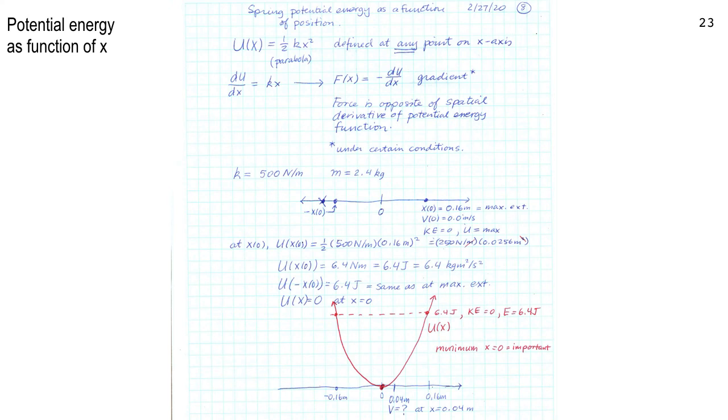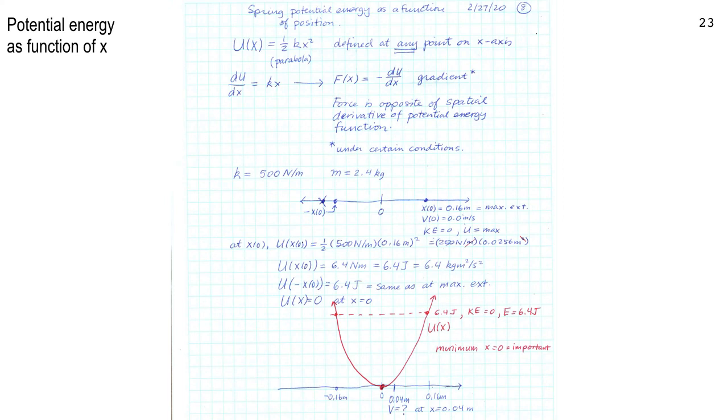Now, where is U equal to 0? What it looks like here is we have a high value for U over here on the right, a similar high value over here on the left, and zip zap.